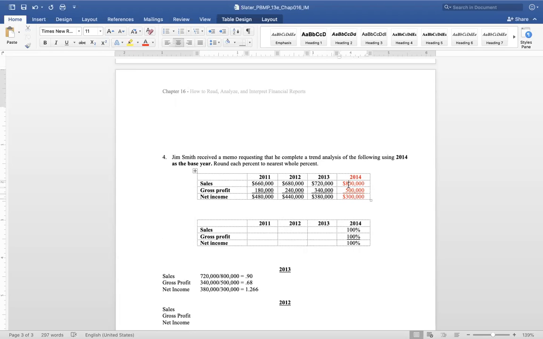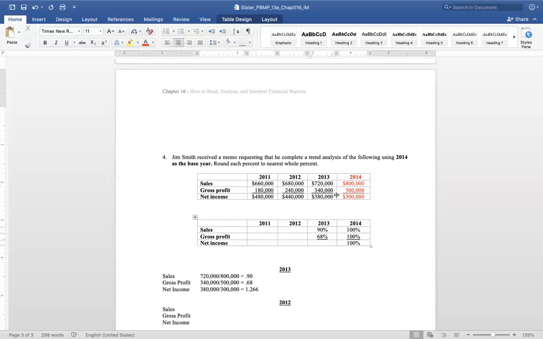Our base is 800,000. So the year we're looking at divided by the base gives us 0.9. So we have 90% as our percent for 2013 for sales. For gross profit, we're going to look at 340 compared to 500. 340 divided by 500 is 68%.